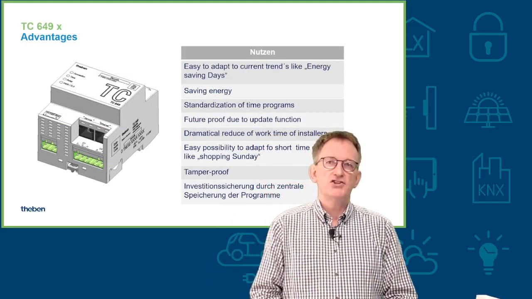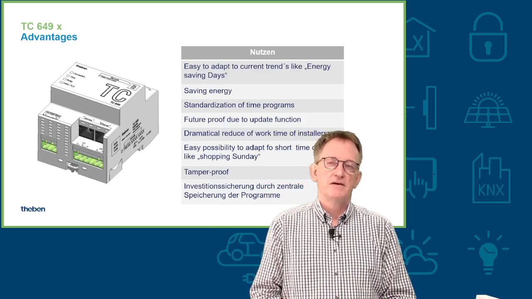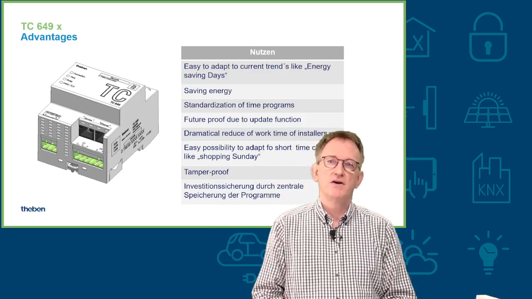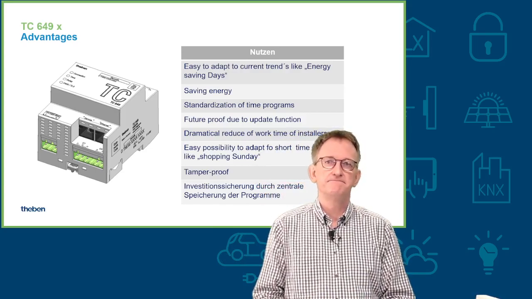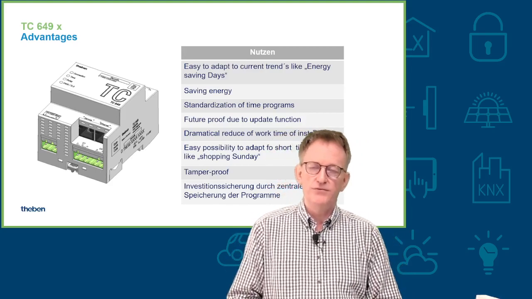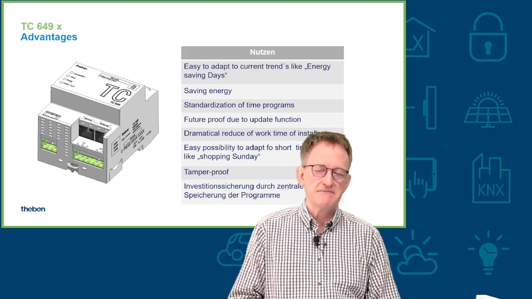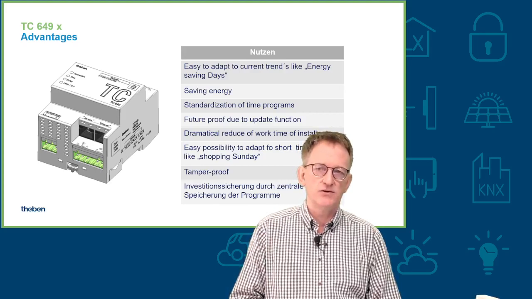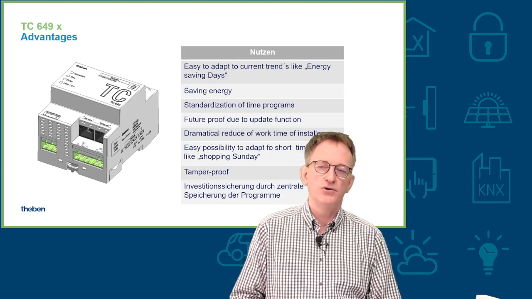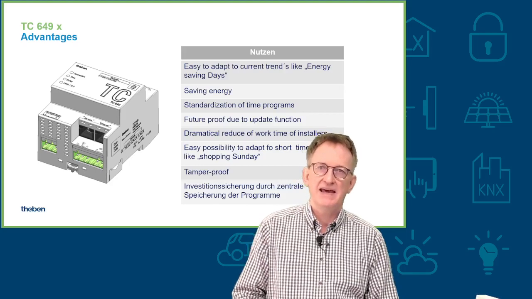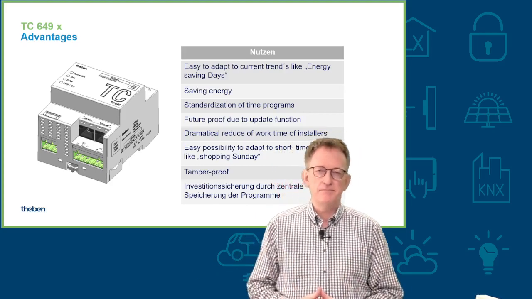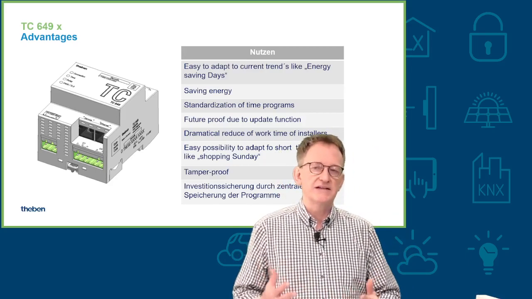I've already mentioned a few things. What is the advantage of the TC649? If you want to follow trends, like the energy saving days, then this is an excellent way to adapt your time programs to those trends.